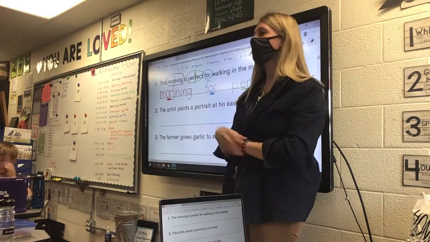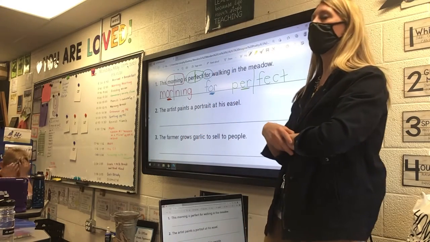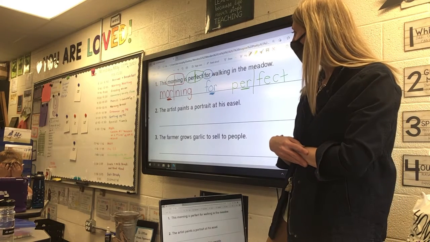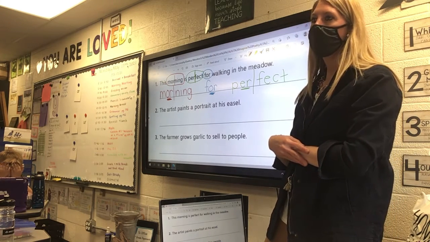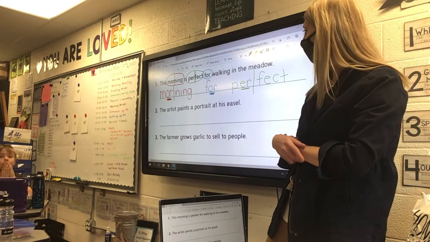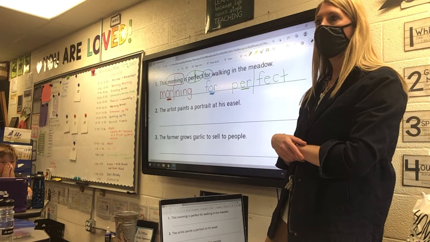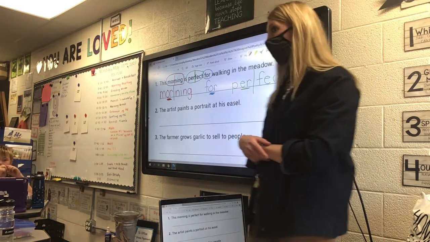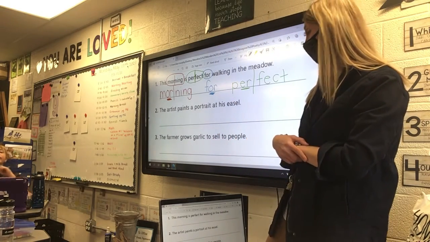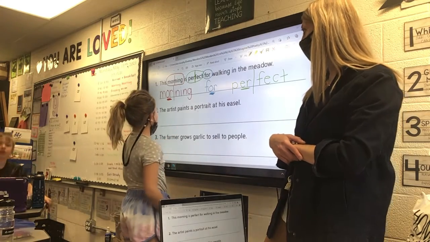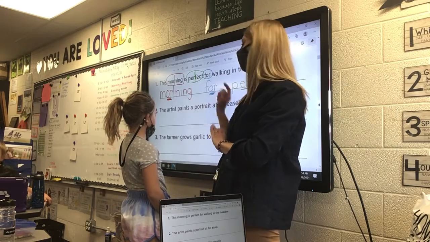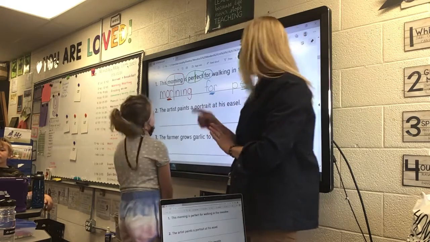Okay, who can find a word that has the R controlling the vowel? Lila, what do you think? That one? Yep, portrait. This is a hard word because it looks like it should say portrait, but it's portrait.